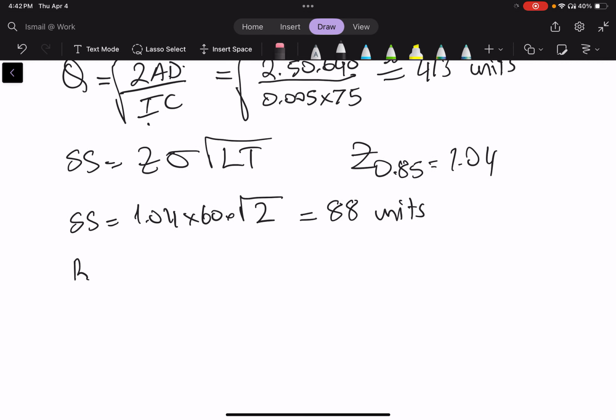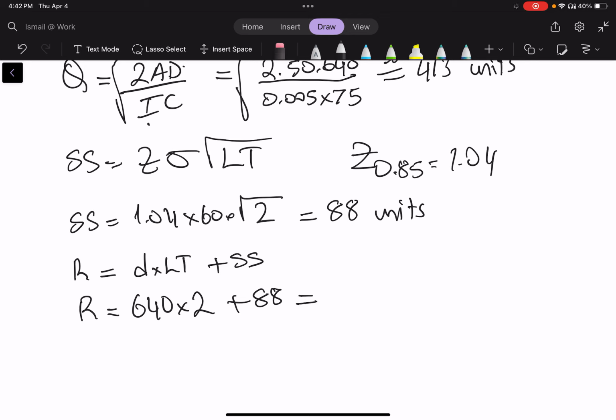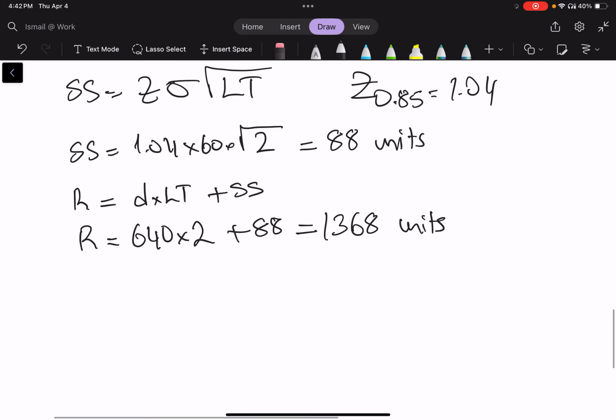Right. Next, the R or ROP, that is D times LT plus the safety stock. Right, and if I do the math, demand is 640 per week. I have 2 weeks of lead time and then 88. And that would be 1,368 units. Right.